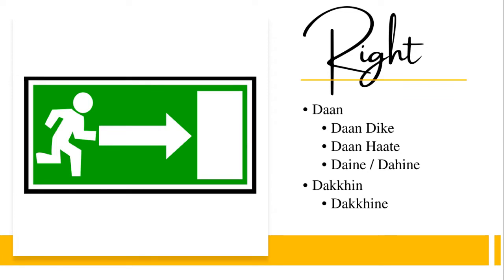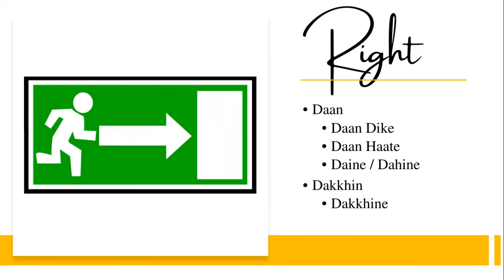So dokhin can mean right if it is used in a very old text, but generally dokhin means north, which is an absolute direction, which we will cover later. So for our purposes, possibly dan is the most important word we need to remember.